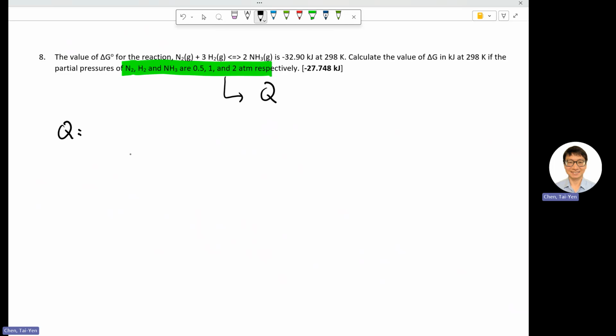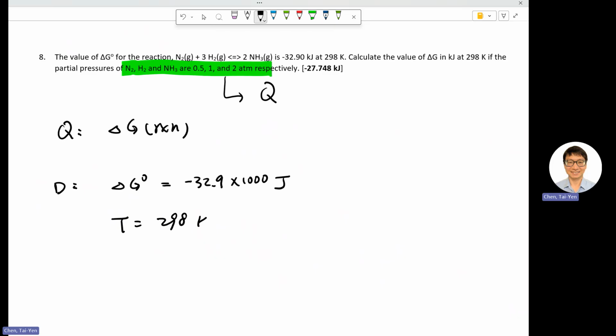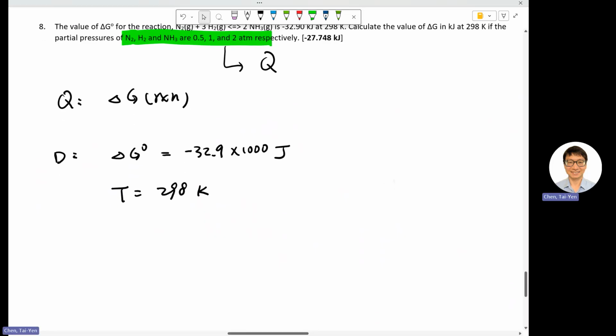So the question is asking you for the delta G of your reaction. The data you have is delta G naught equals negative 32.9 times 1000 joules. Temperature is 298 K.